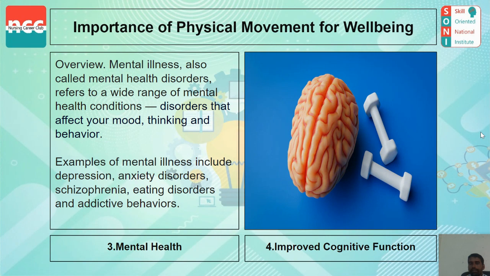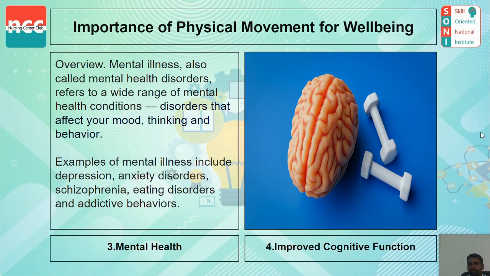Schizophrenia is also related to mental disorders. There are many eating disorders and addictive behaviors. Like many people addicted to drinking wine, chewing tobacco and smoking also. So these things impart a deep effect on our mental health.